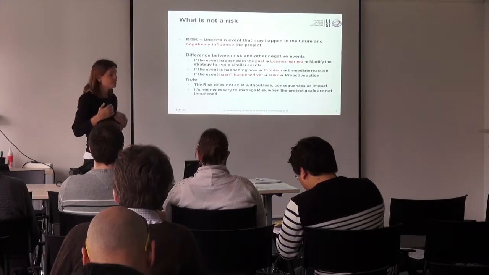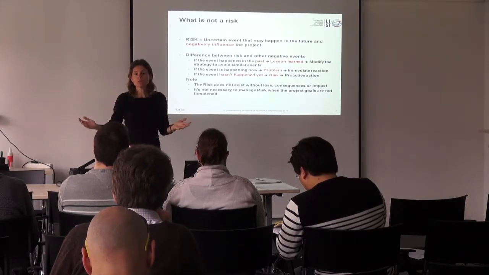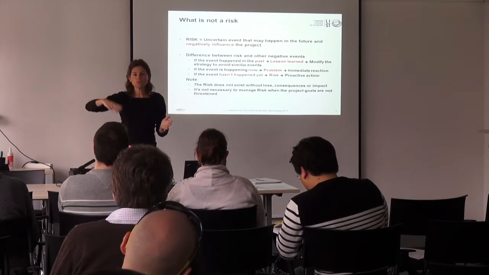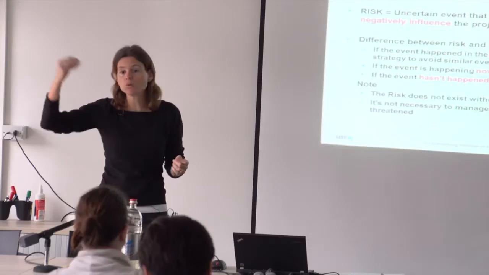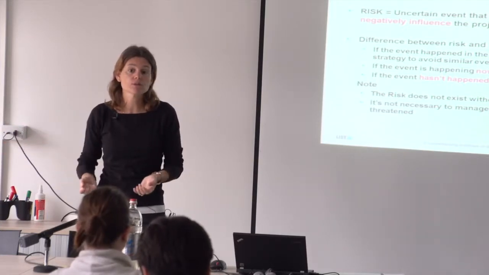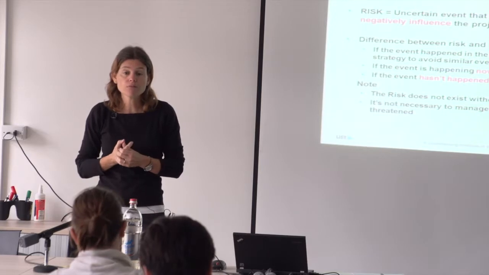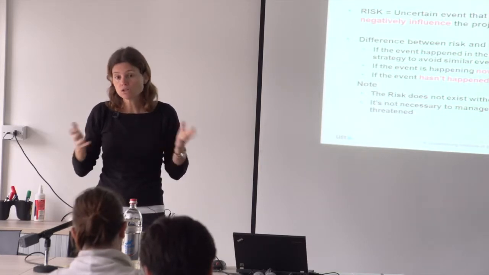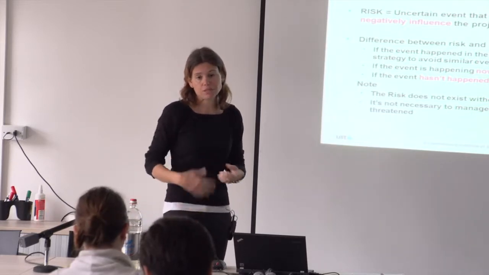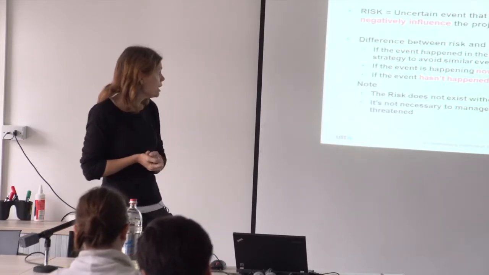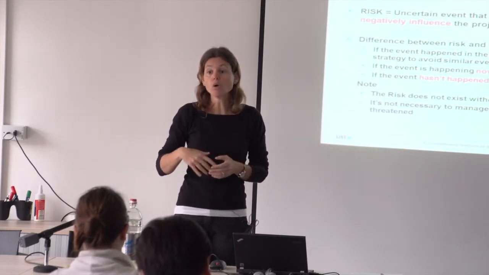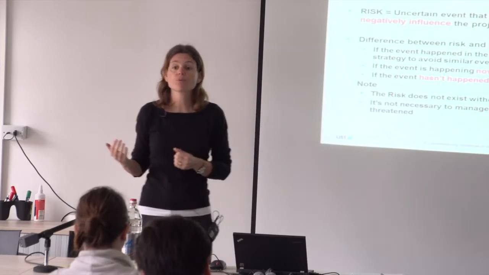You can never say my risk management is fully done, I've done everything up to 100%. There's always one risk you have not thought about that is not part of your risk management. So it can never be complete, and it's just a question of finding the right level of activities that you want to put in place. The goal is absolutely not to take care of all the risks that you could have on your project.